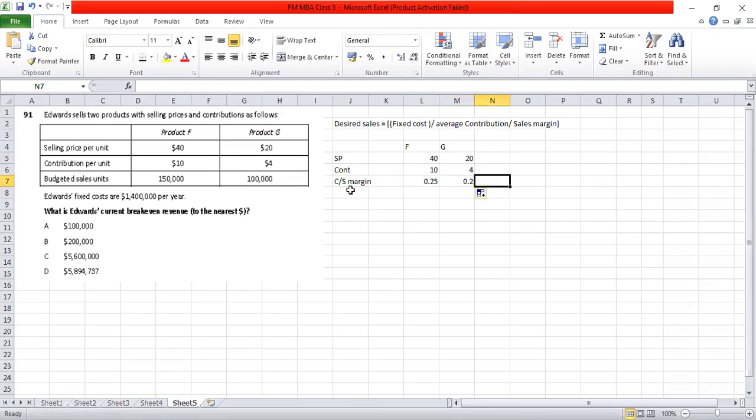So now when we calculate the average contribution, the total is this one, and then we have 22.5.